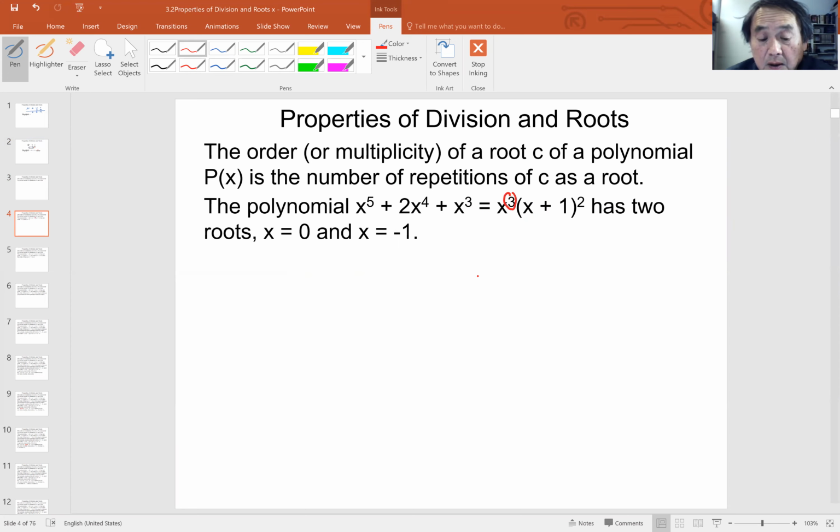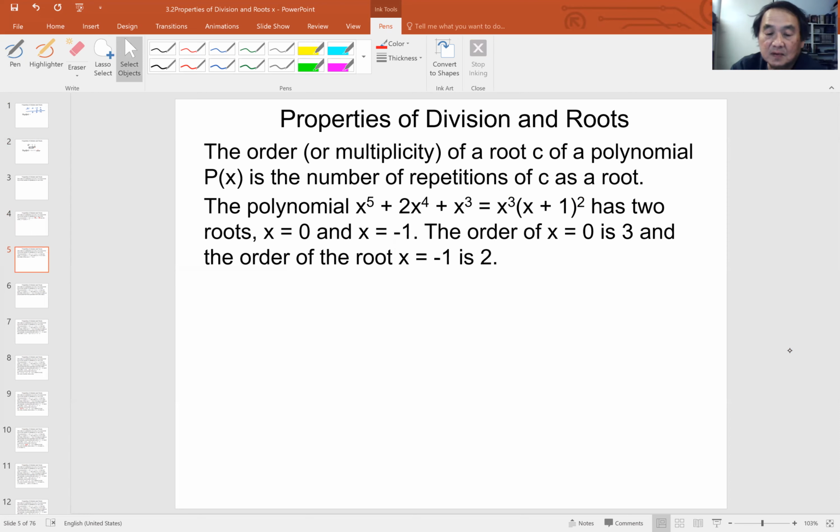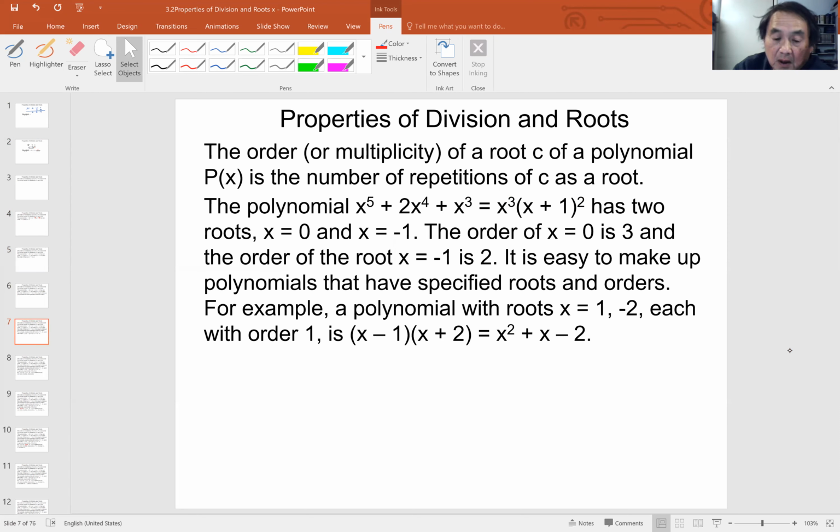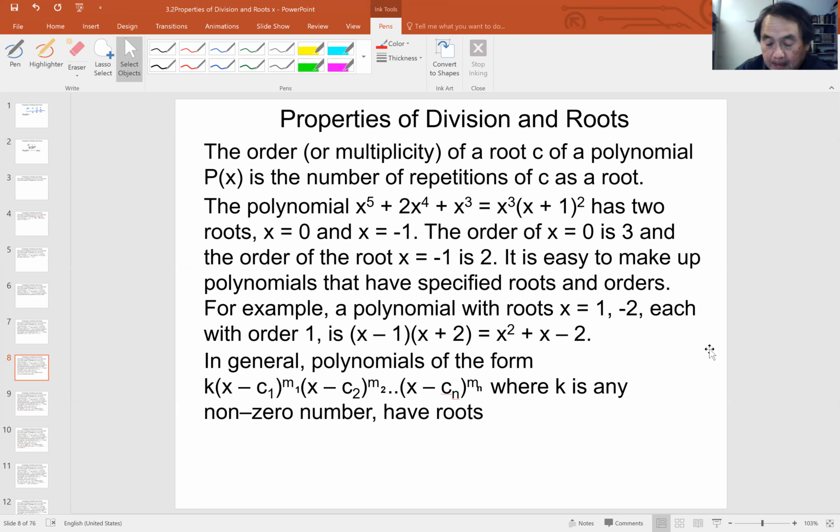And 0 has order 3 and -1 has order 2, or power or multiplicity, whatever you want to call it. It shows up 3 times for 0, and -1 shows up twice. Okay, so if I can factor, then each factor like this, x minus r, gives me a root.